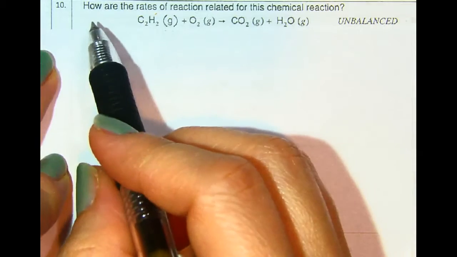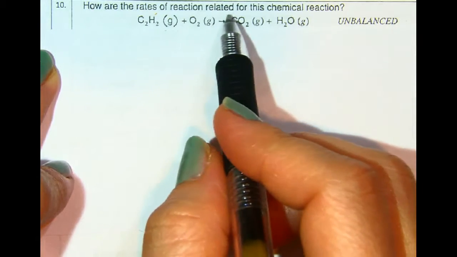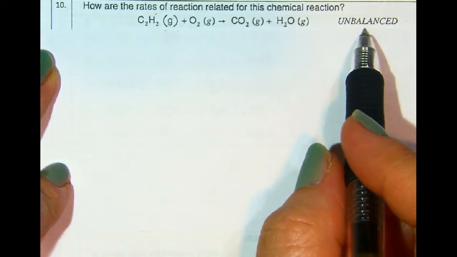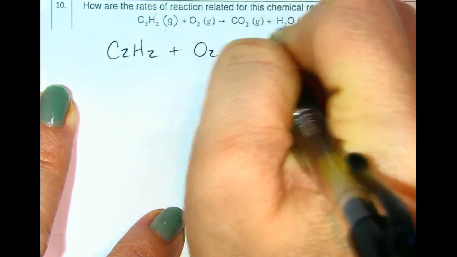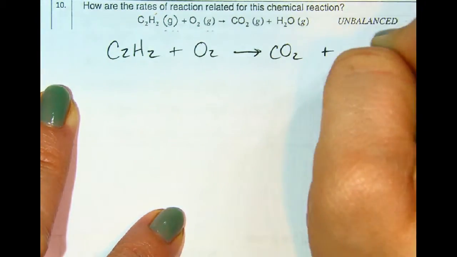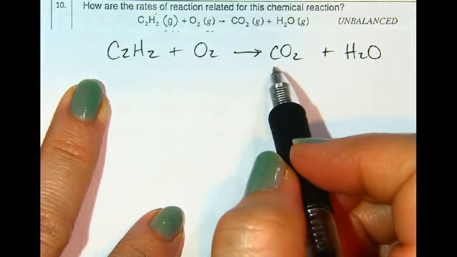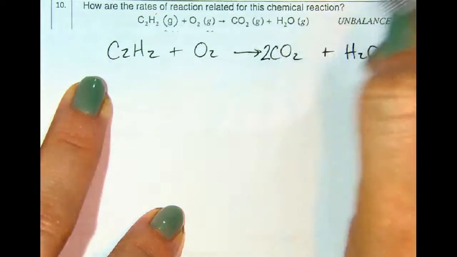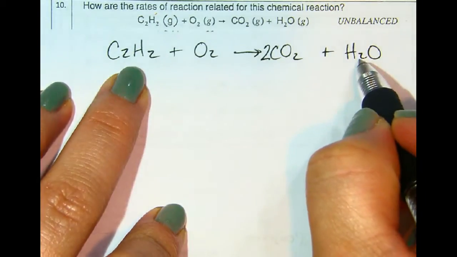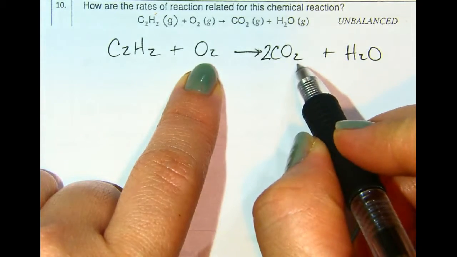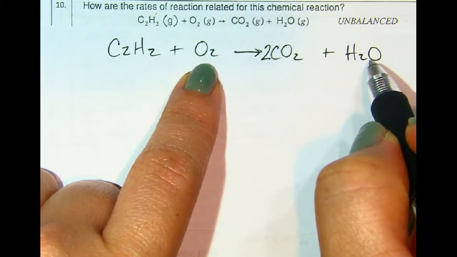In number 10, how are the rates of reaction related for this chemical reaction? And he has told you that it's unbalanced. So first we need to balance the equation. So let's write C2H2 plus O2 yields CO2 plus H2O. There are 2 carbons on the left and only 1 on the right, so we need a 2 here. 2 hydrogens, 2 hydrogens, 2 oxygen. 2 times 2 is 4, plus 1 is 5.